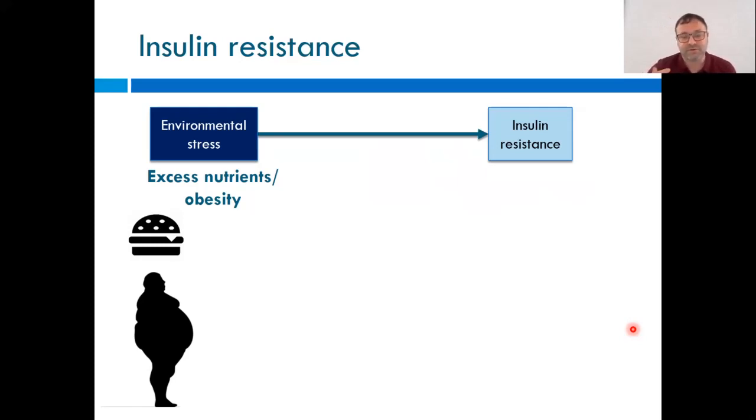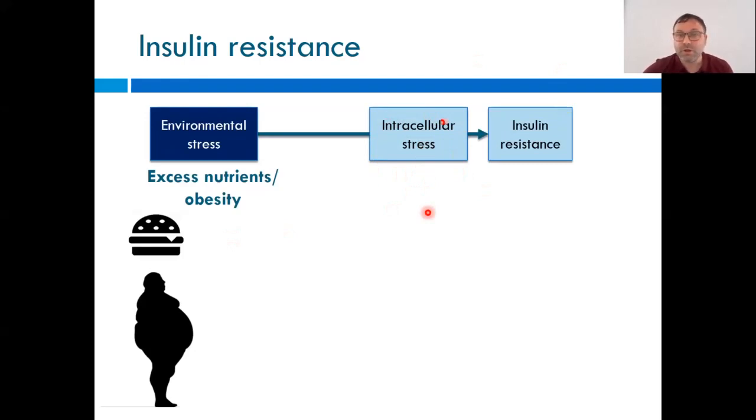Many of the studies have focused on the idea that we know environmental stresses are a key inducer of insulin resistance. There are genetic components as well. We know that overeating, caloric excess, and obesity are associated with insulin resistance. And the idea is that these will be translated to cellular insulin resistance via an intracellular stress pathway.